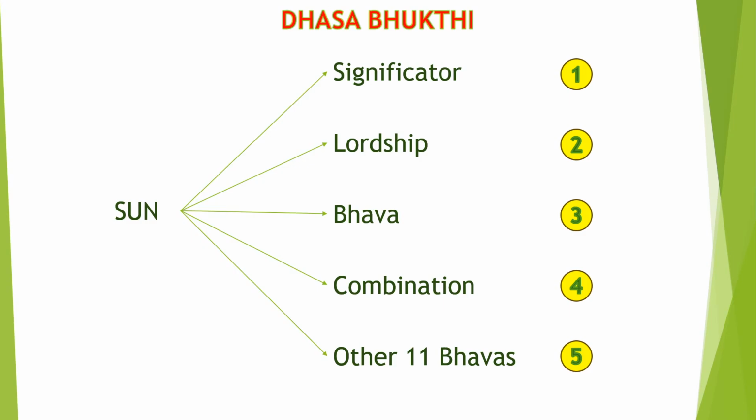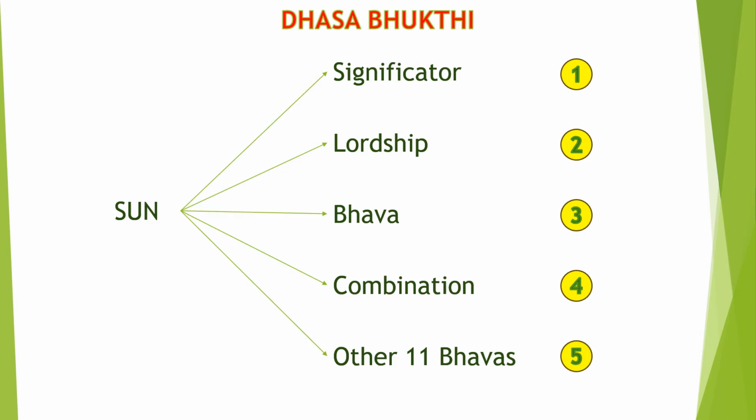Like if it is the 10th bhava, then it will be the profession. If the fifth bhava, then we should give importance to the children's related things. And if it is the sixth bhava, then it will be loan and litigations. If it is the eighth bhava, then it will be longevity.